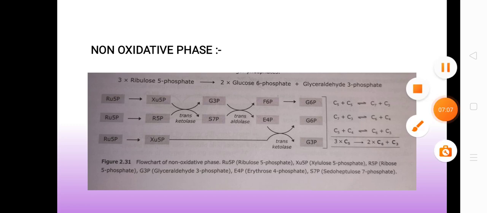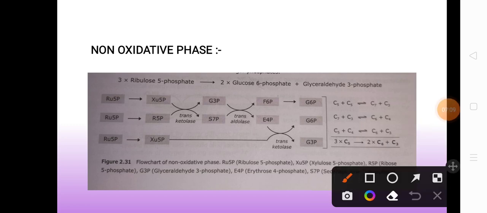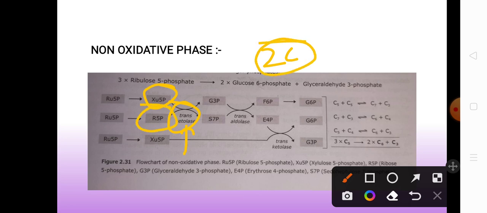Now let's test the concept we have just learned. First is xylulose 5-phosphate. Transketolase will come. Xylulose 5-phosphate, as it is a ketose, will take the role of donor, right? So it will donate 2 carbons to its aldose friend, that is ribose 5-phosphate. As the aldose gets a 2-carbon containing molecule, it becomes a monosaccharide of 7 carbons.